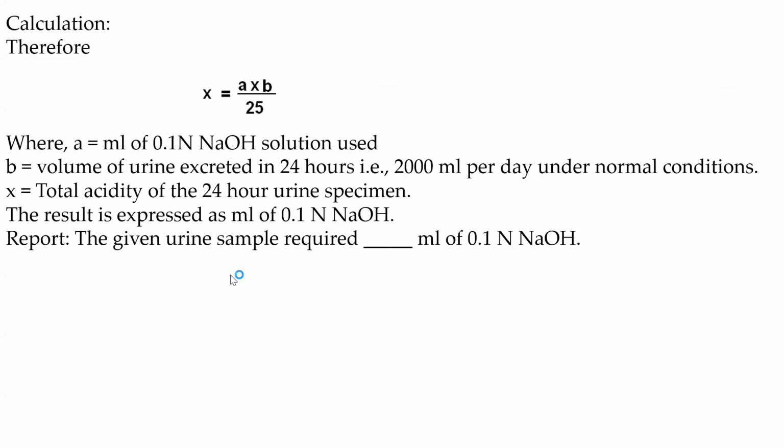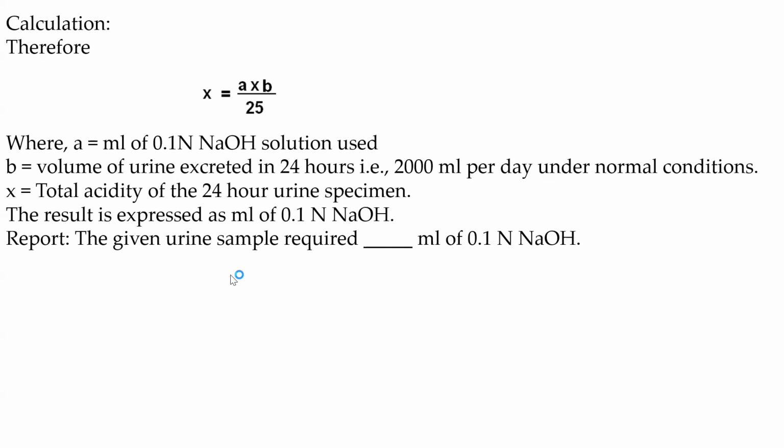X is equal to A times V divided by 25, where A is the ml of sodium hydroxide solution used. That is the data value you obtain from the table. Because in this case, you are titrating a base against the acid, because urine is your acid.